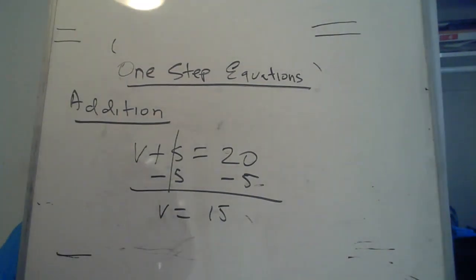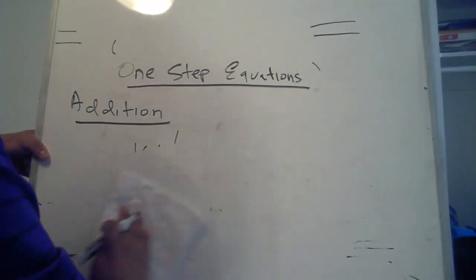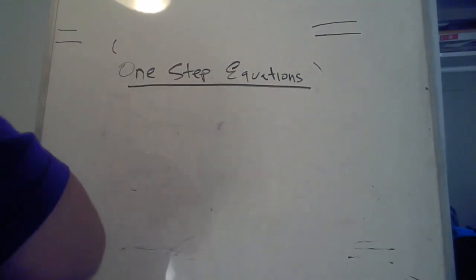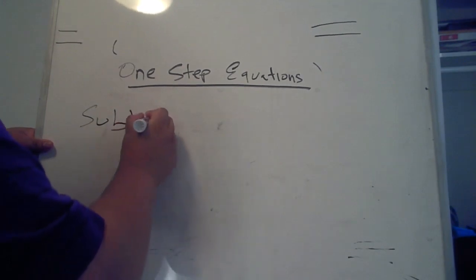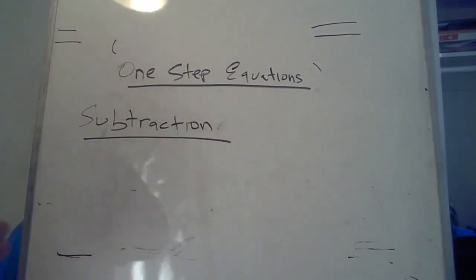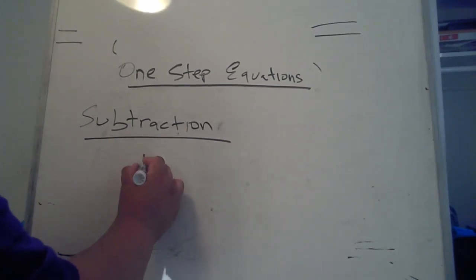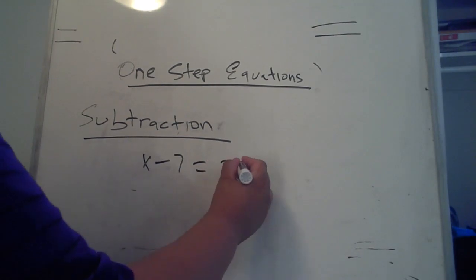You might expect that subtraction is similar, and that is the case. So let's look at subtraction now. For subtraction, we're going to look at the problem x minus 7 equals 23.